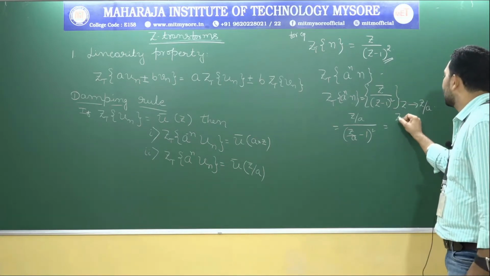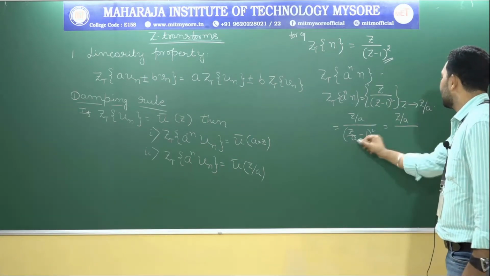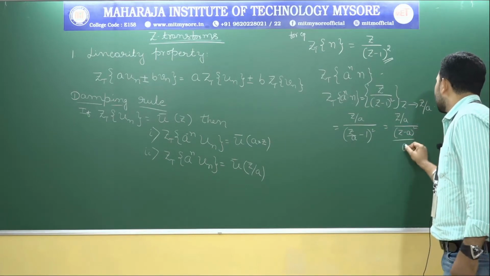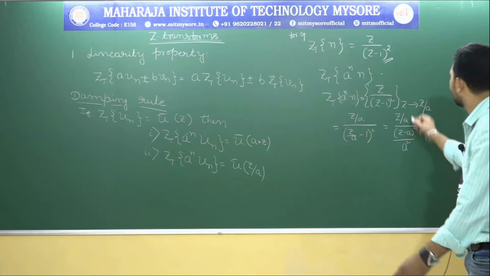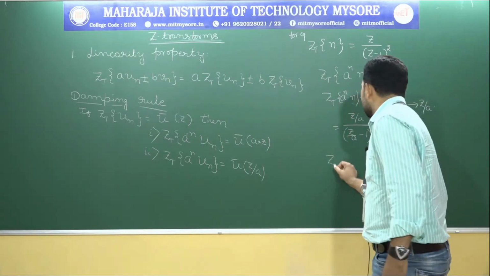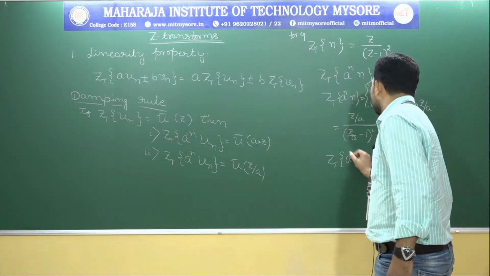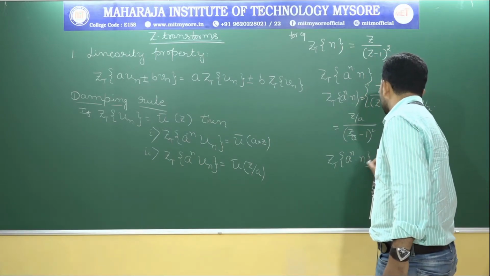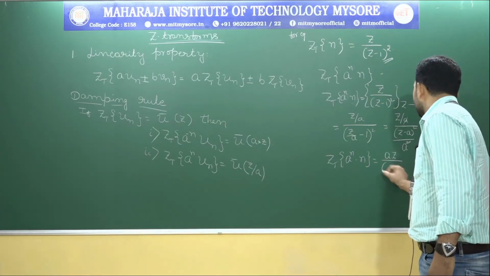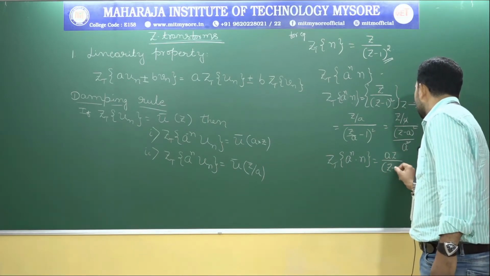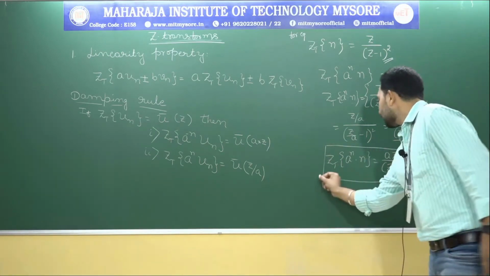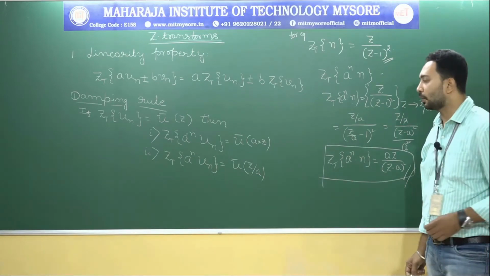If I take LCM, we will get z minus a whole square divided by a square. This a cancels, this a goes to numerator, so Z transformation of a power n into n is az divided by z minus a whole square. This is by using damping rule.